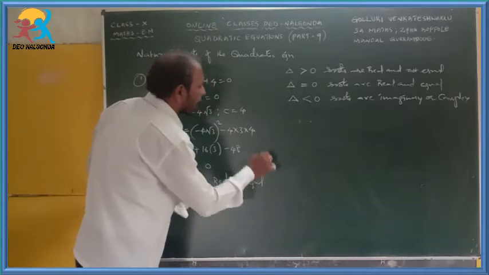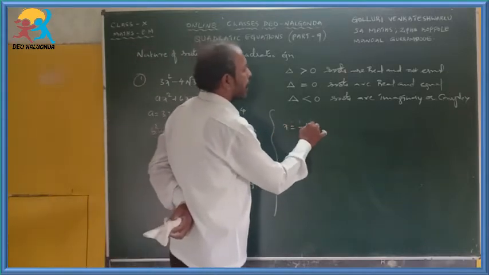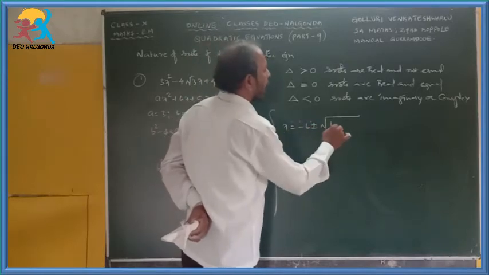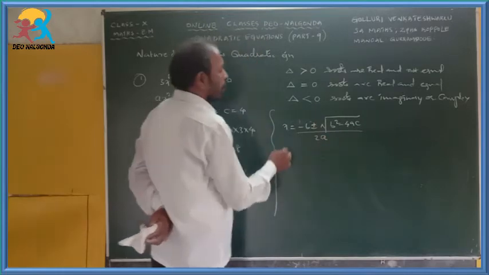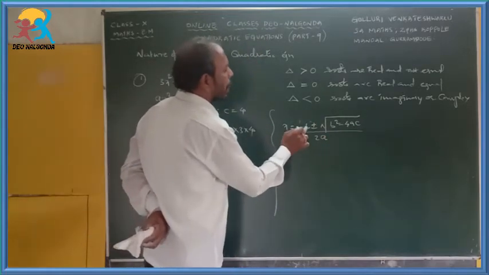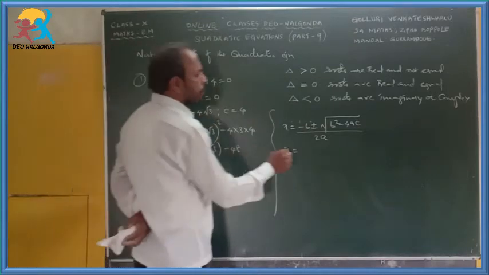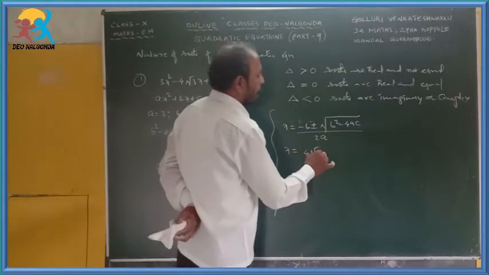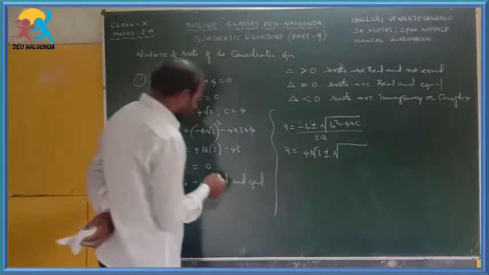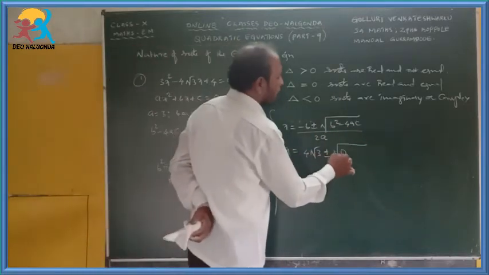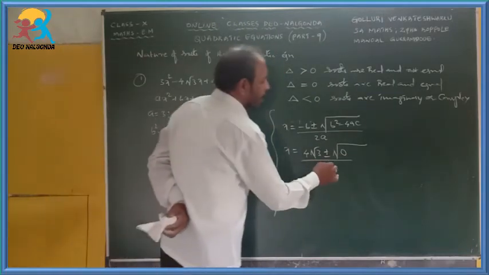Why? Let's look at the verification. x is equal to, according to the formula, minus b plus or minus root of b square minus 4ac by 2a. We need to change the sign of b. Minus 4 root 3 becomes plus 4 root 3. Plus or minus root of b square minus 4ac, which is 0, by 2a, 2 into the value of a, which is 3. Let's see the answer.